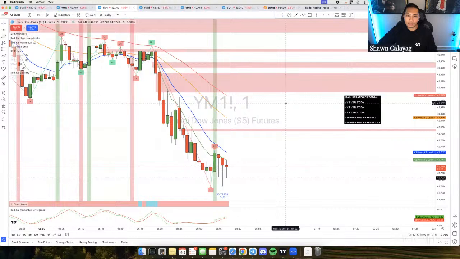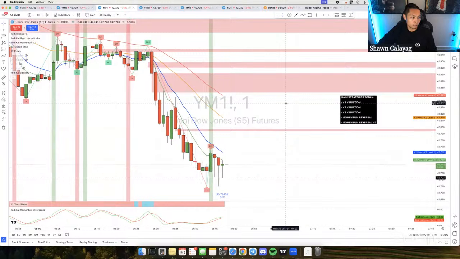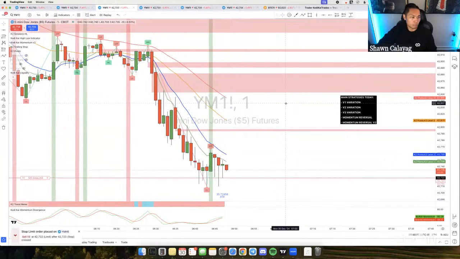If it doesn't fill on the next candle, I'm going to cancel it. So I will be placing my pending order there now. Order submitted. So I got my pending order. You can see the red line right there. If it doesn't fill on this candle, I will be canceling it.